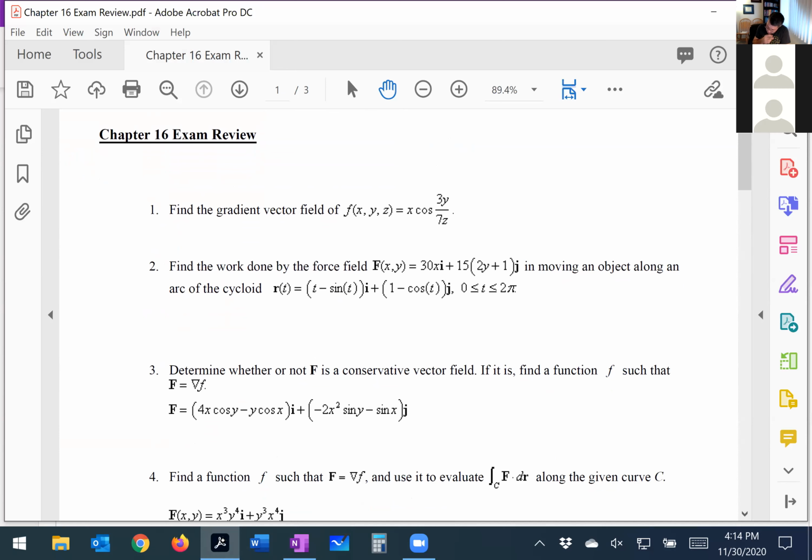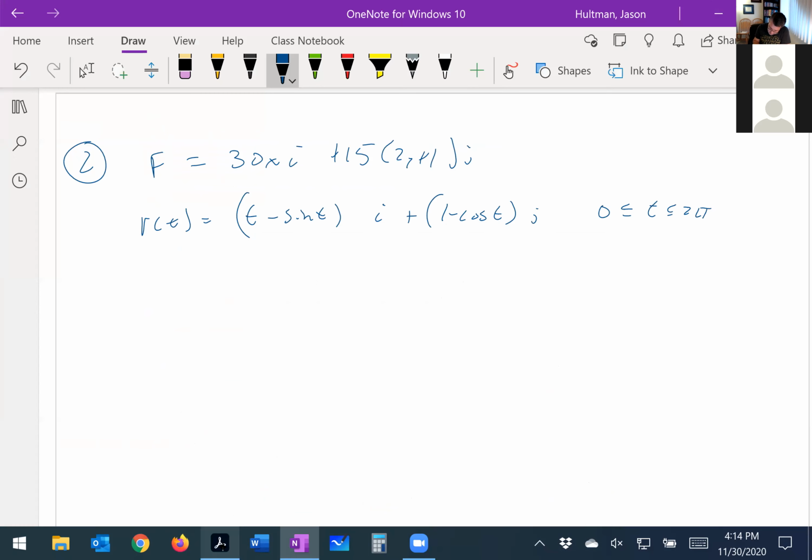So the work is equal to the line integral of F dot dr, which, if I parameterize this thing, is the integral along C of F of r of t dotted with r prime of t dt, right?